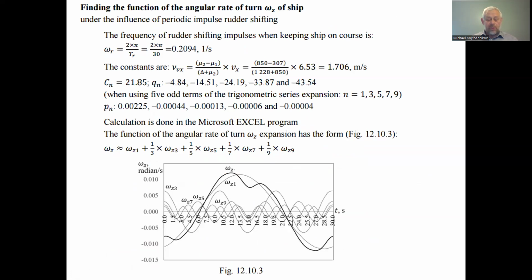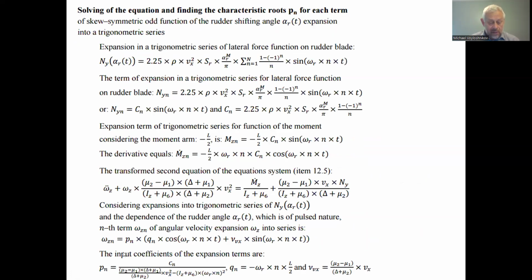So when we substitute all this into the finding of these factors, Pn, Cn, Qn, V, X, etc., we can find the term of the expansion of the particular decision of the inhomogeneous second order linear equation of the ship motion, as the expansion of this decision into the trigonometric Fourier series. And this is a term of this expansion of the Fourier series due to the control actions used on the right side of the inhomogeneous equation.